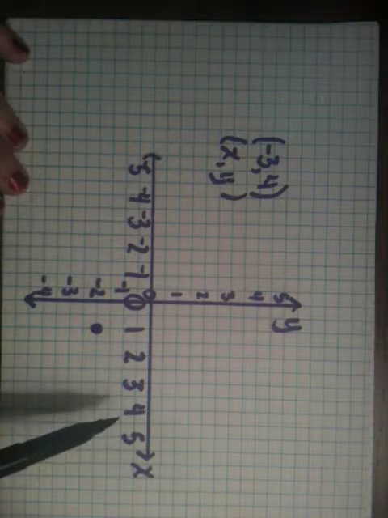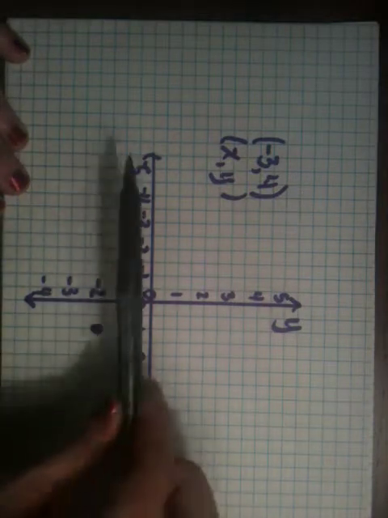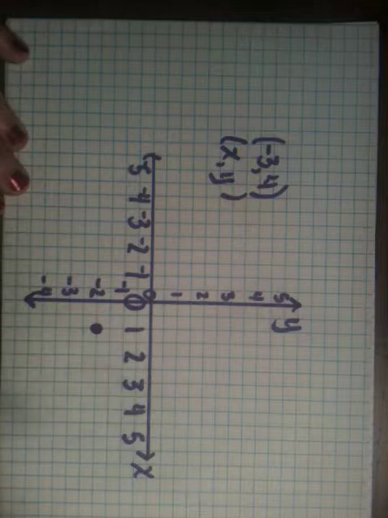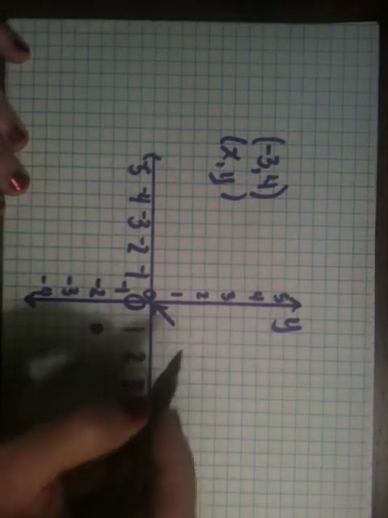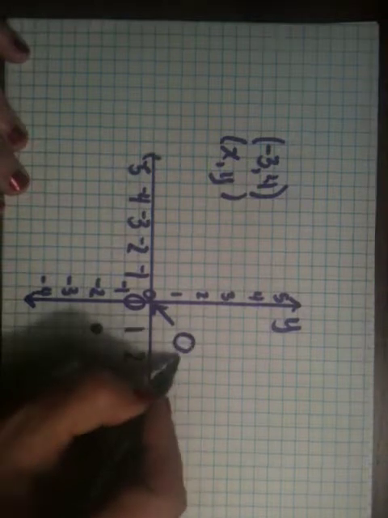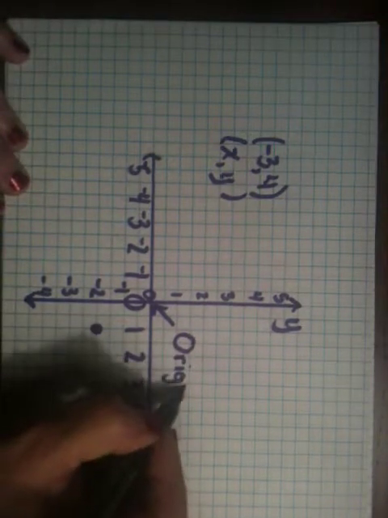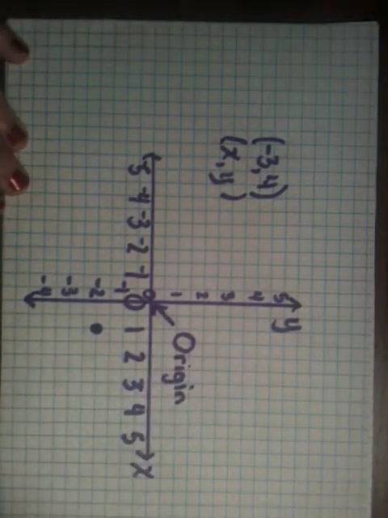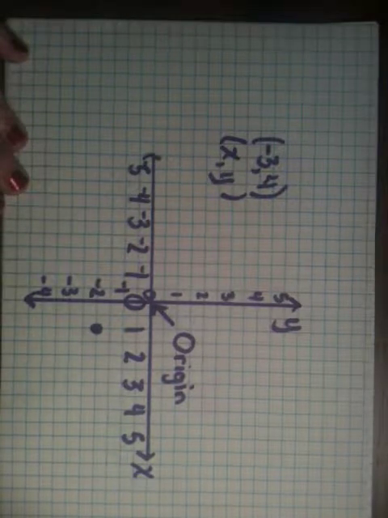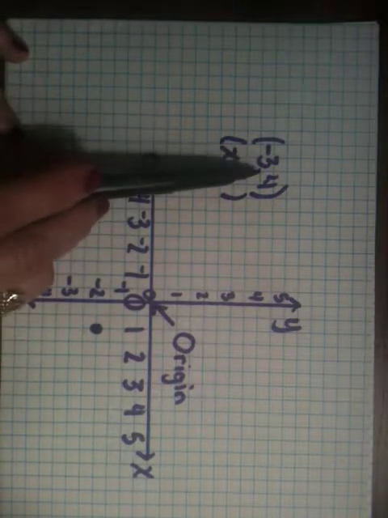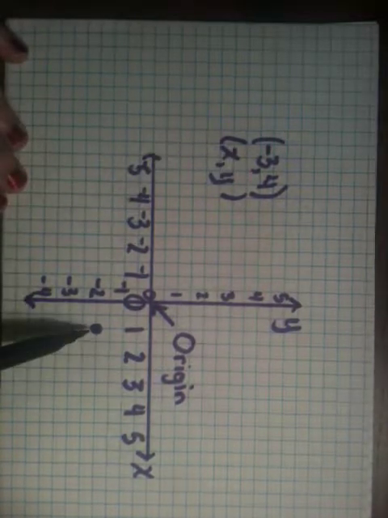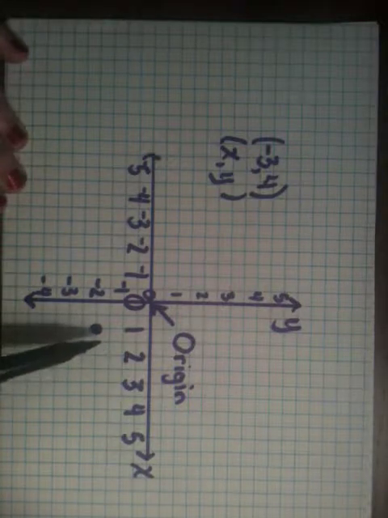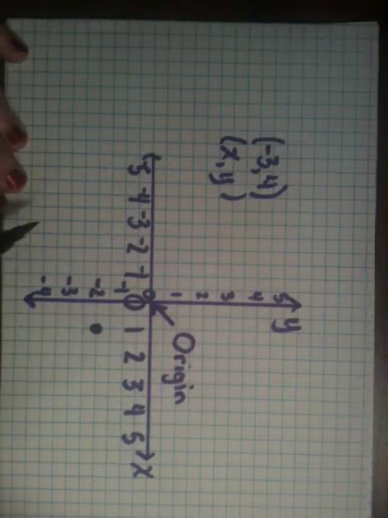One other thing I wanted to point out is that the intersection of the x-axis and the y-axis is the point of intersection, and it is called the origin. And the word origin means beginning, and I think it's important to note that because every time we try to locate a point from the coordinates, or if we are trying to determine the coordinates of another point, we always start at the origin.